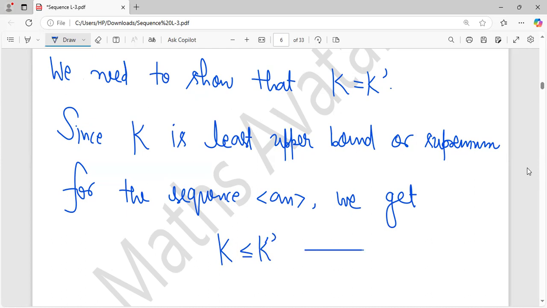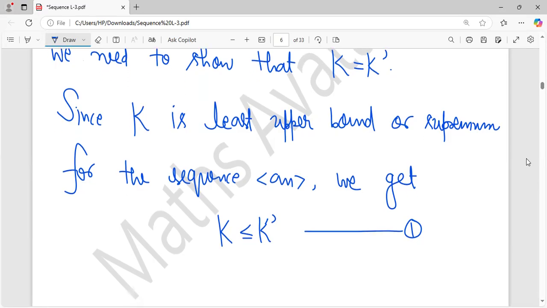Because it is a least upper bound, and a least upper bound is an upper bound, and K dash is also an upper bound, K is less than any other upper bound. K dash is another upper bound, so that is why this is happening.